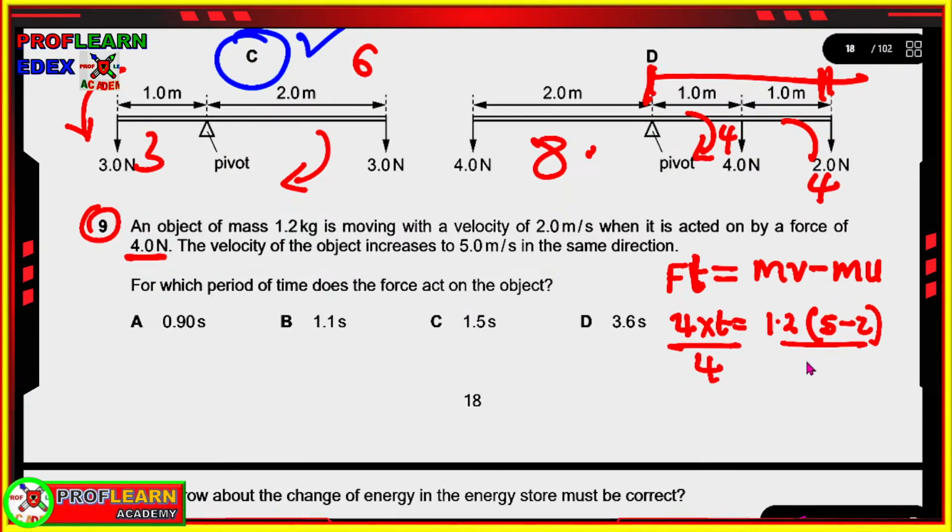Now put it in your calc. The time will be 1.2 times 3 divided by 4. If you work it out, you're going to get your answer as 0.9 seconds.